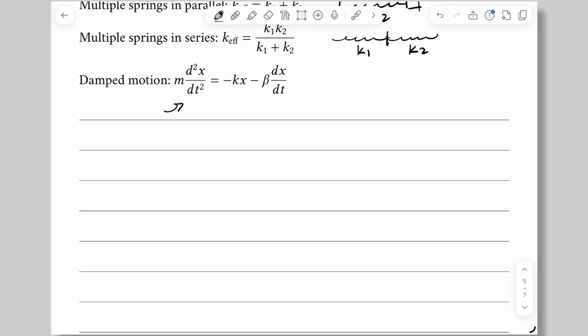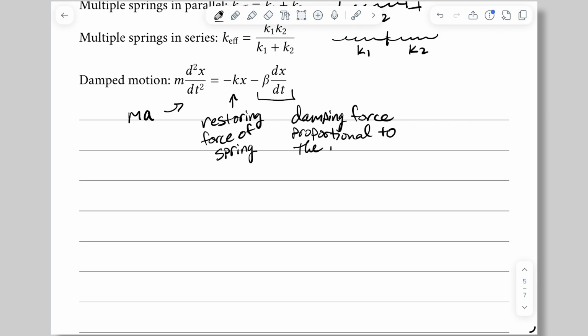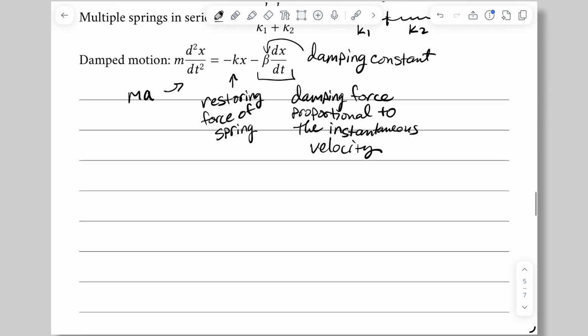The m d2x/dt2 is mass times acceleration as before. Negative kx is the restoring force from the spring. And the negative beta dx/dt term indicates that the damping force is proportional to the instantaneous velocity. The constant beta is a damping constant.